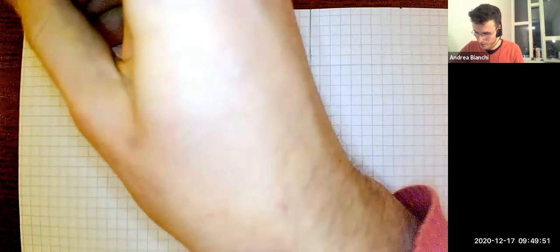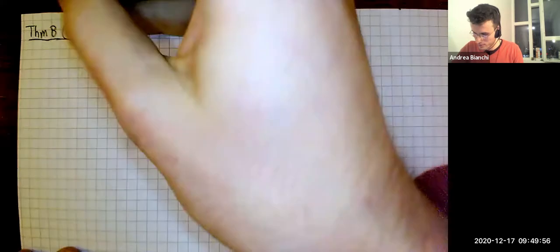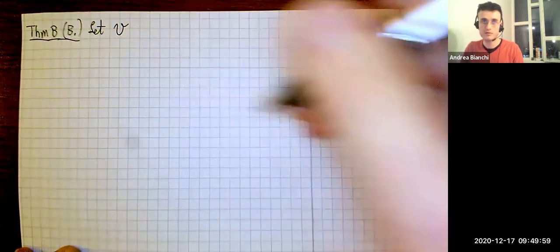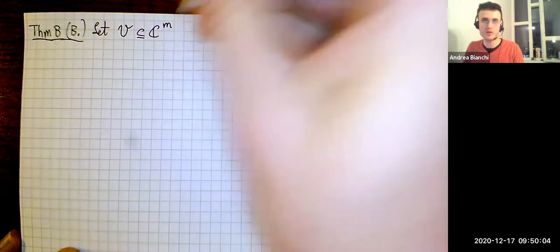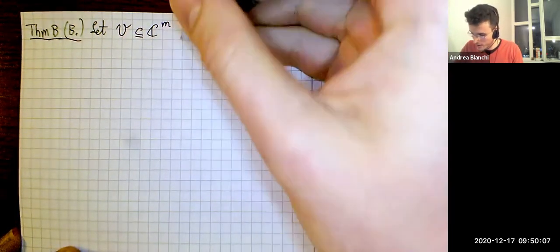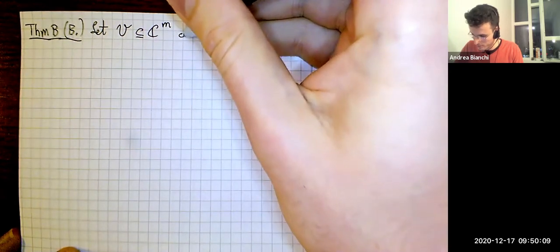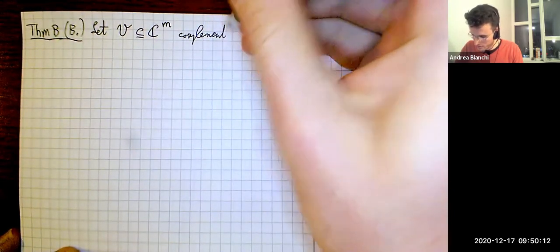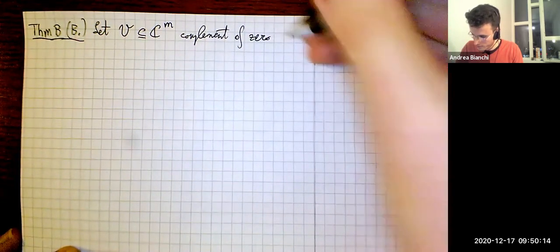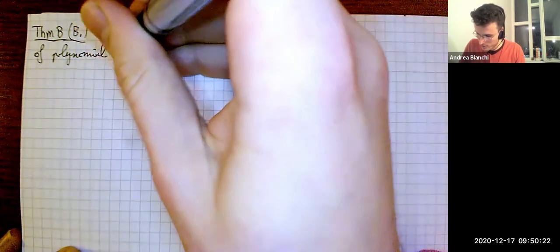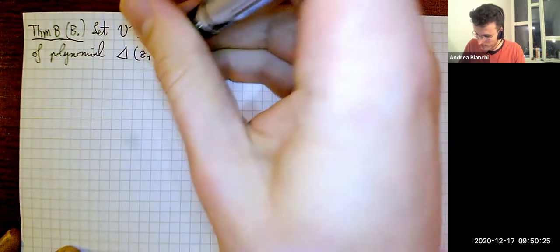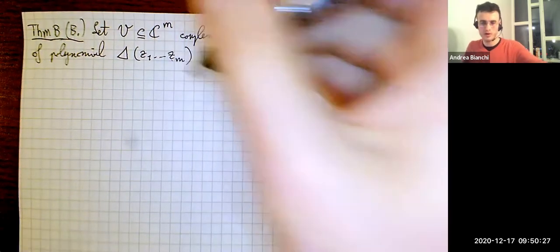Let me call it theorem B. Let V be contained in a complex space Cm and be the complement of the zero locus of a polynomial delta of the variables z1 up to zm.